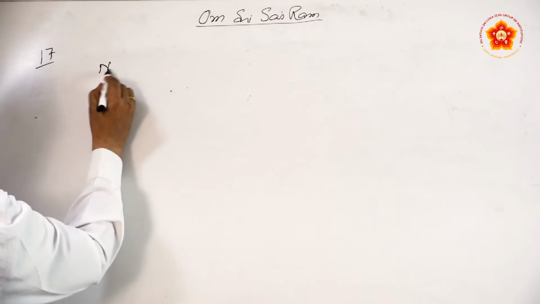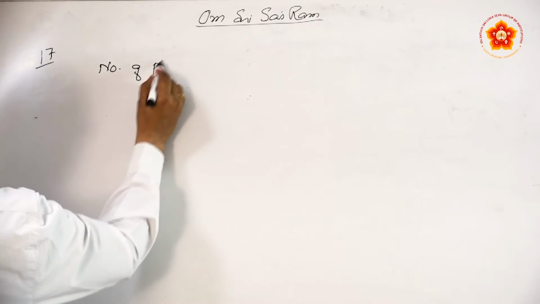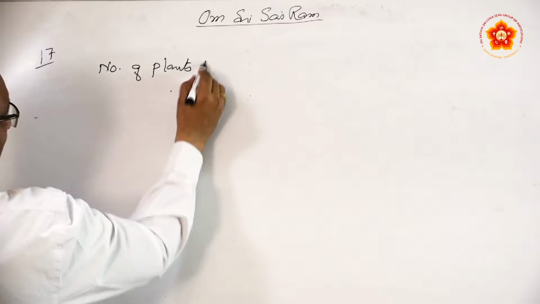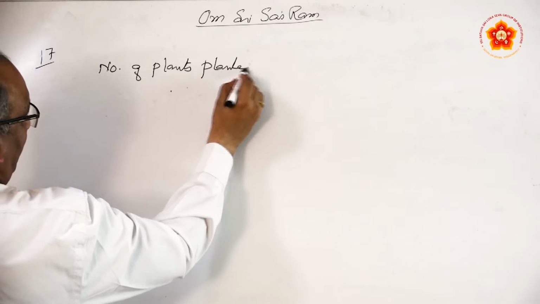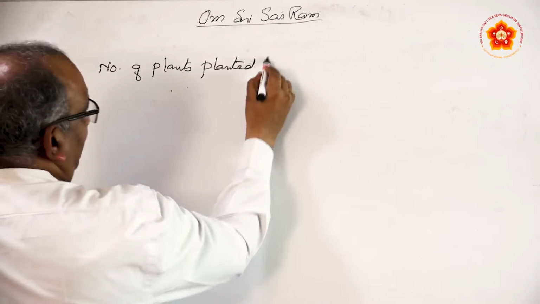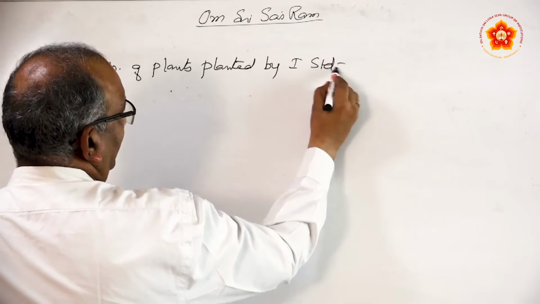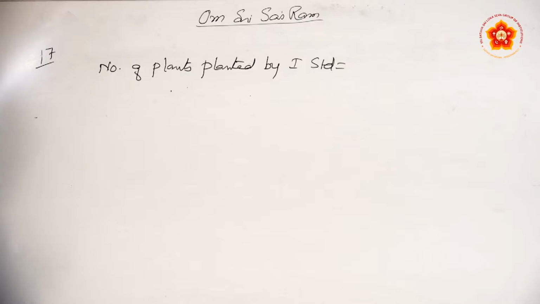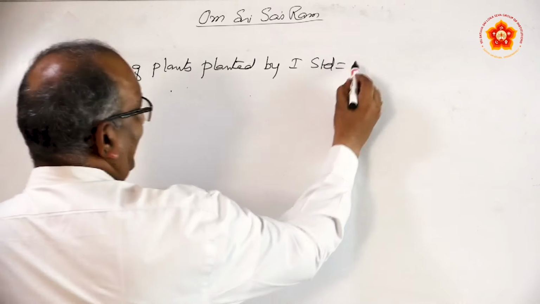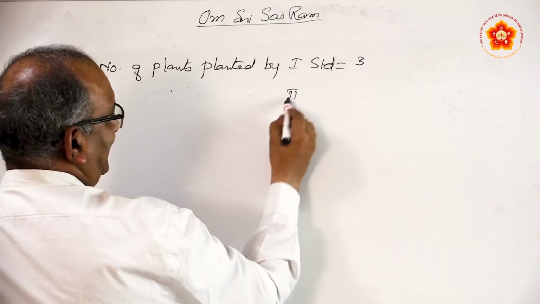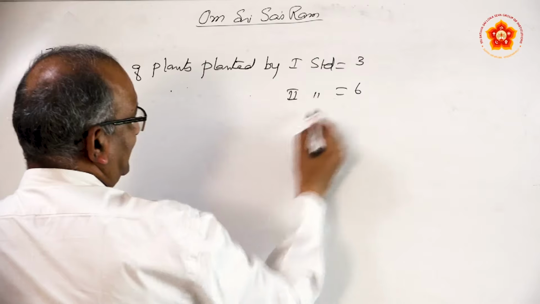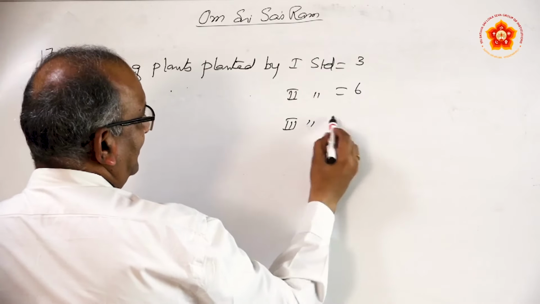Number of plants planted by first standard. They are planting per class 1, but since there are 3 sections, they will be planting 3. Second standard 6, third standard 9.